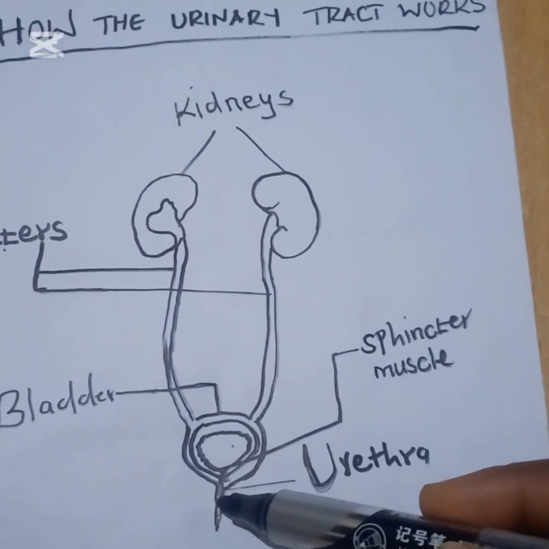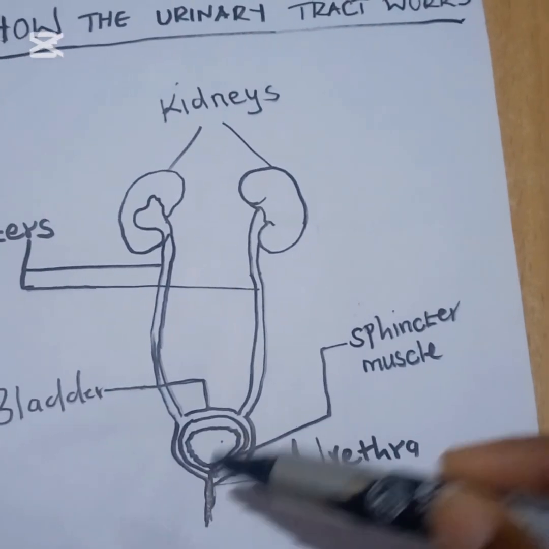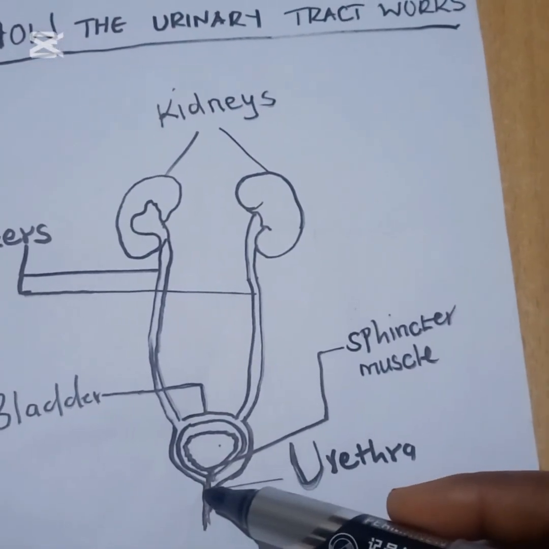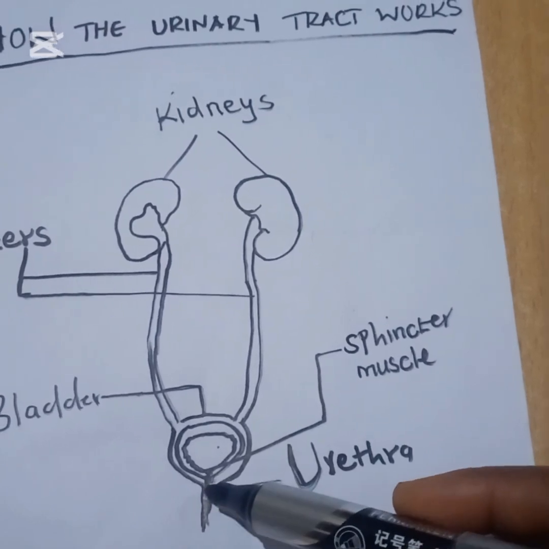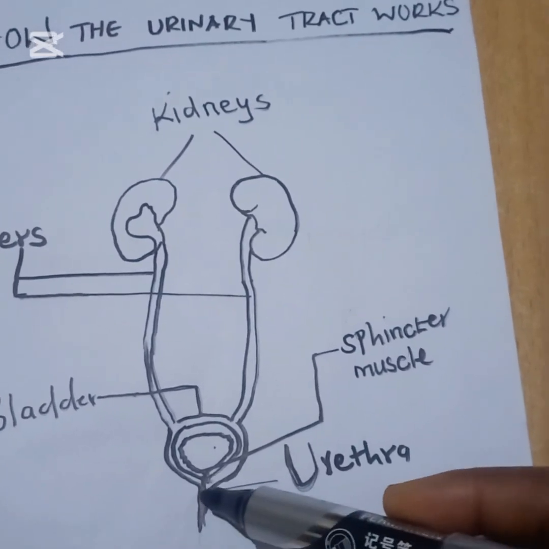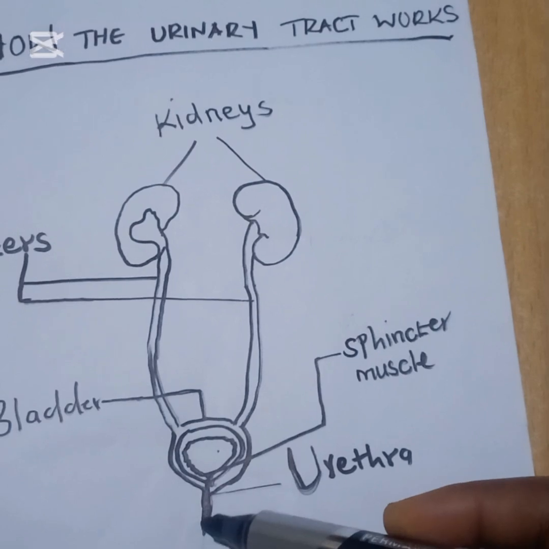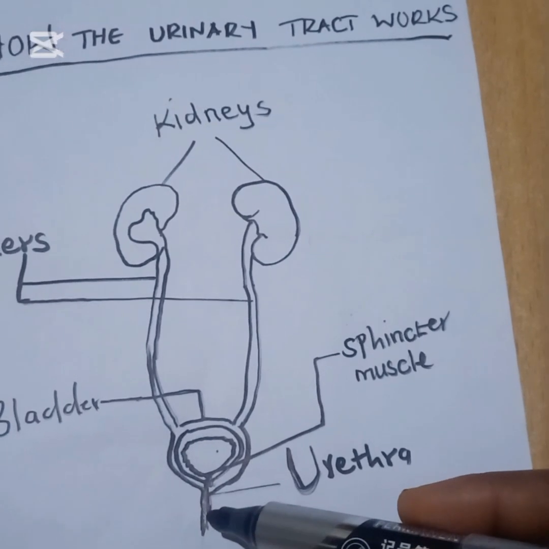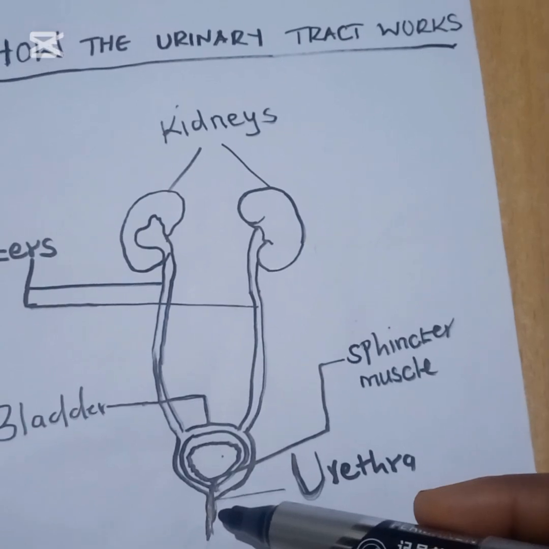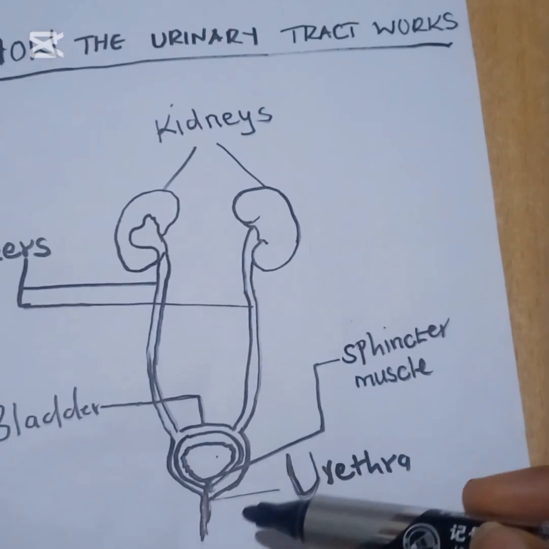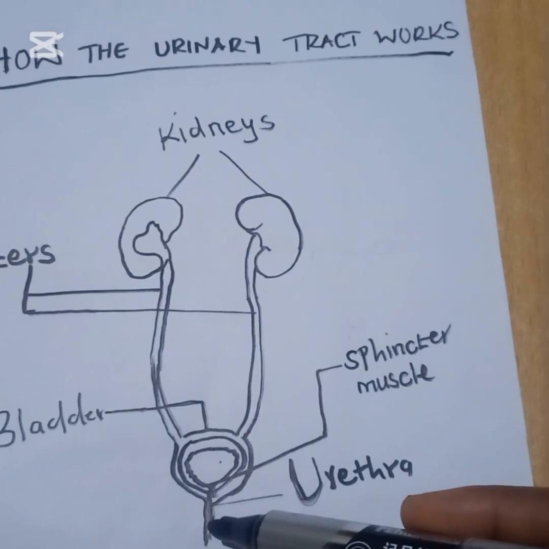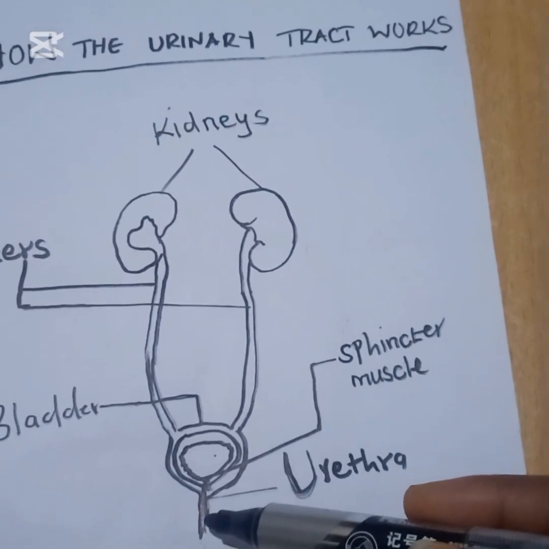We have female and male genders, and the male urethra is 10 inches long. In women, it's only 1 inch. So, women are much more susceptible to urinary tract infections.